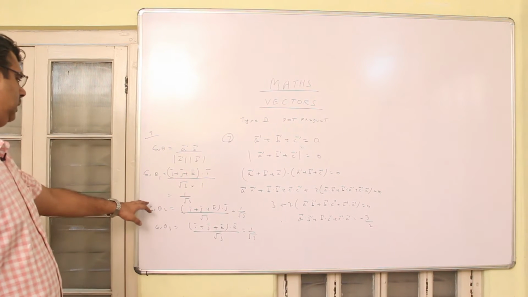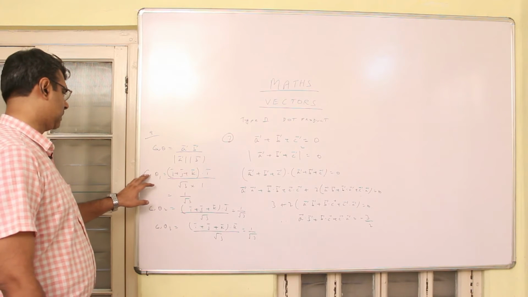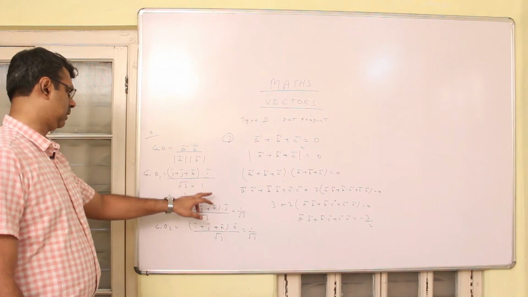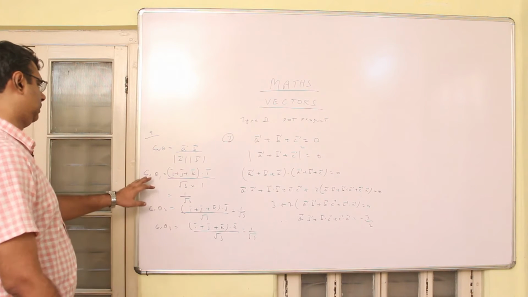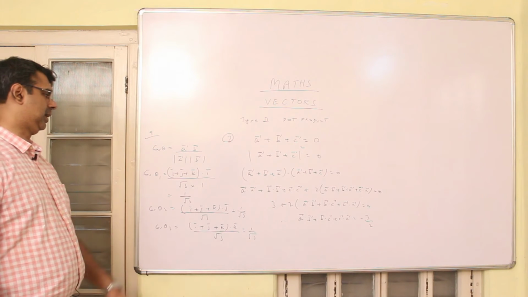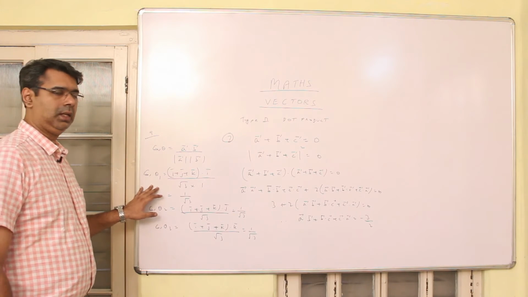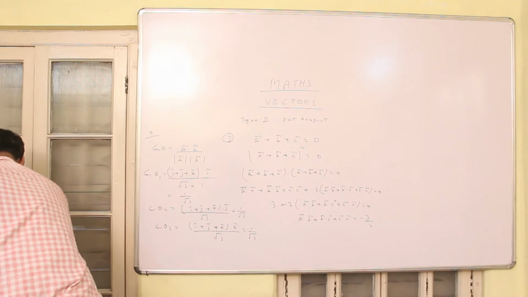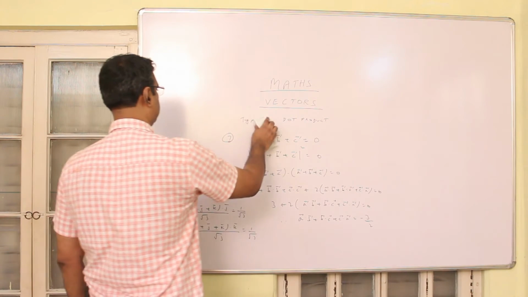Since all the three cosines, cos theta 1, cos theta 2, cos theta 3, are the same, that means theta 1, theta 2, theta 3 are the same. That means I plus J plus K is equally inclined to the axis. So these are the various examples of type 2.